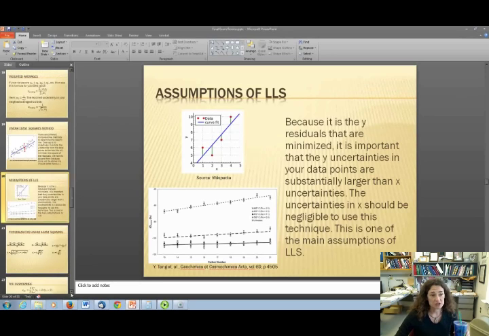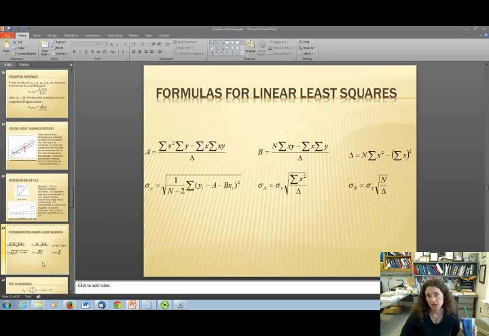Anyway, actually doing linear least squares is no big deal. The formulas are on the sheet. Remember that the fit line is a plus bx, and you can calculate them in a very straightforward way. We've done some practice with it, and the formulas are on the sheet, so it's not hard. The thing to realize about the uncertainties is that it's just the residuals that you're minimizing, but because it takes 2 points to make a line, as opposed to a standard deviation, which is 1 over n minus 1, it's proportional to 1 over n minus 2.